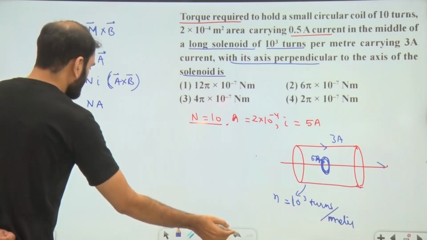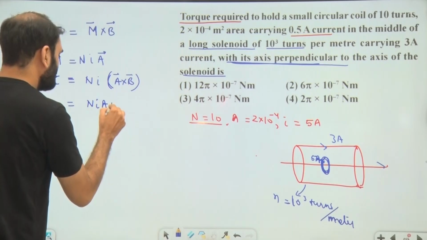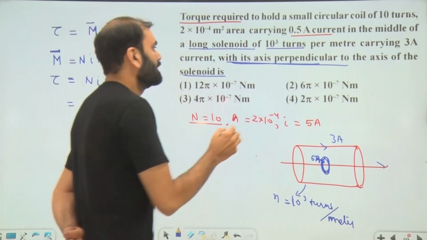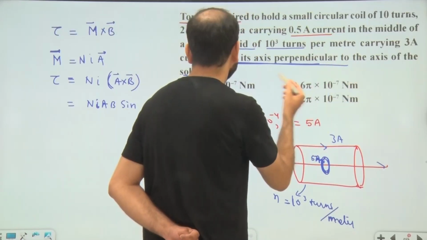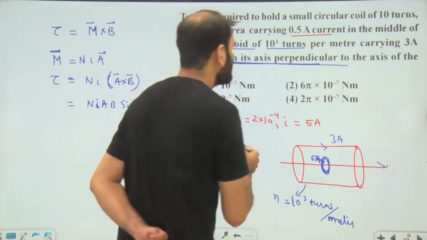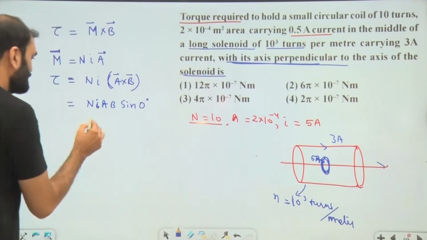So A vector cross B vector gives N I A B sine theta.